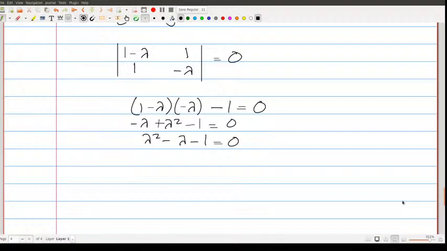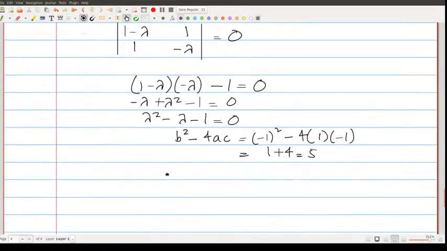Now, do I find distinct eigenvalues or not? This is just a quadratic equation, so we can check using b squared minus 4ac. That's minus 1 squared minus 4 times 1 times minus 1, which is 1 plus 4, which is 5, a positive number.